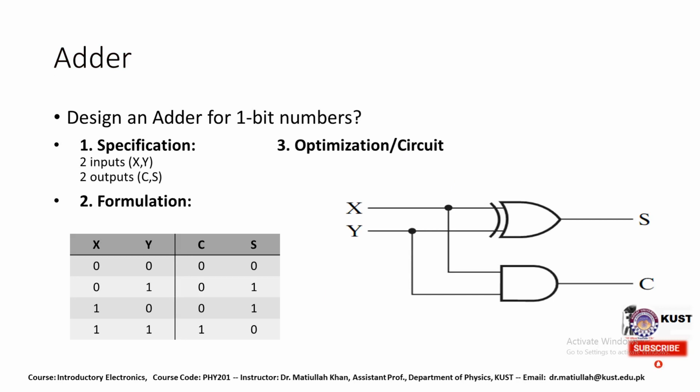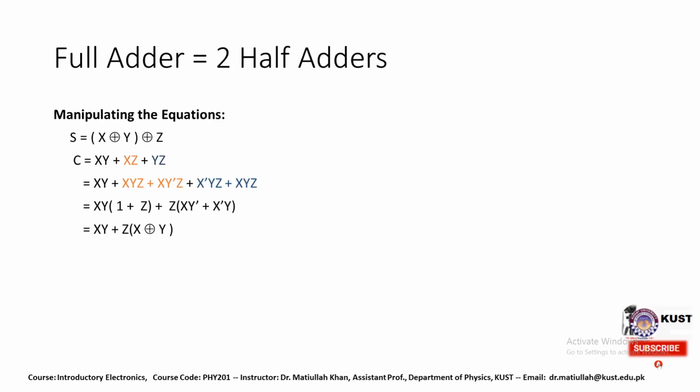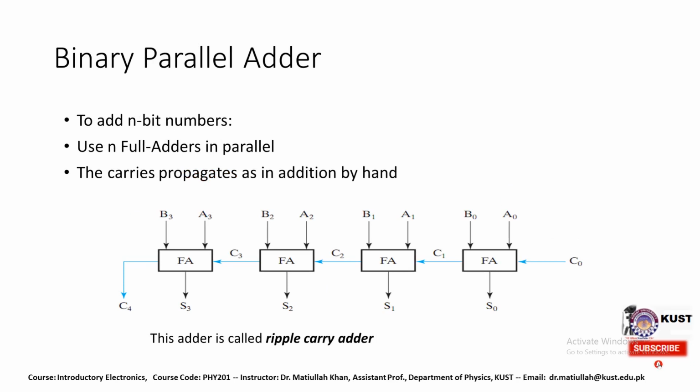This is the truth table for the half adder, where when we provide the input in the form of x and y, the output is provided to us in the form of 0 and 1. This is the simple arithmetic called binary arithmetic, and it is very important for us when we add.